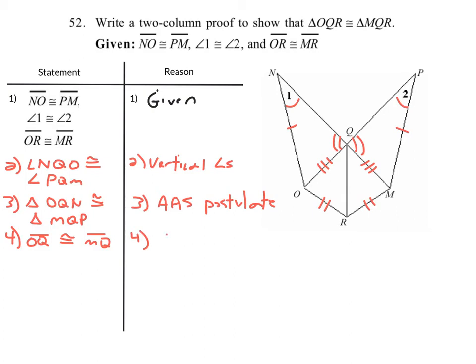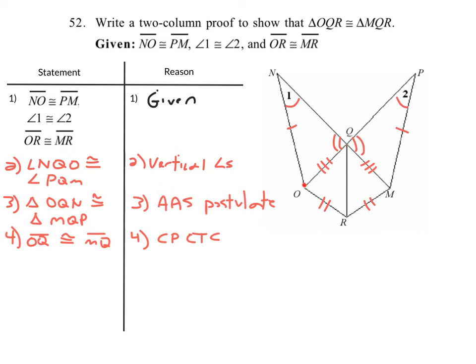Okay, and how do we say that? Because any corresponding parts of any two congruent triangles will be congruent. CPCTC. Yep.